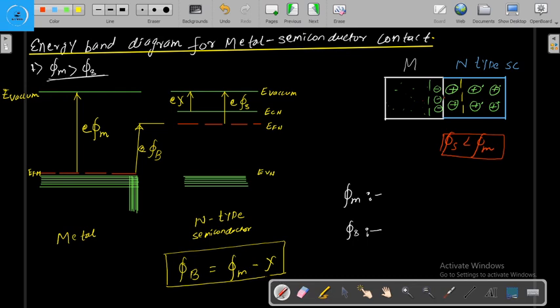So when we increase the work function of the metal, this phi b will be increased.